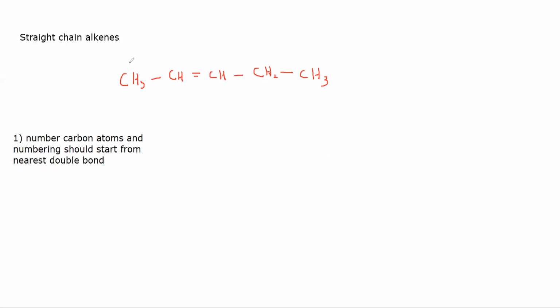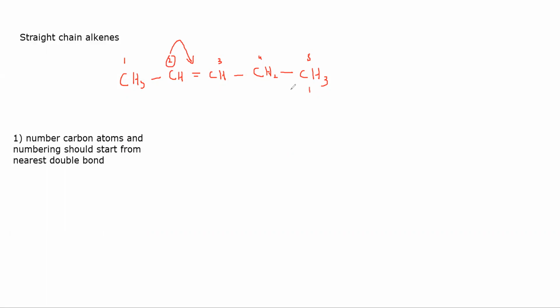So if I number from the left hand side, this is 1, 2, 3, 4, 5. The double bond is between 2 and 3, but I will say the double bond is at 2. It's between 2 and 3, so 2 is the number for the double bond.